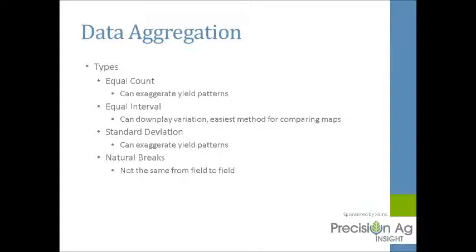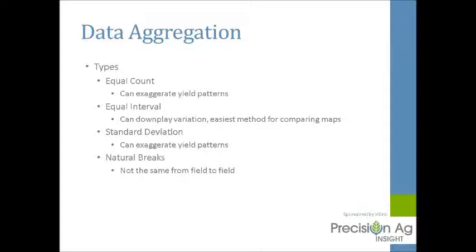And this can happen with equal count or standard deviation. Those two methods tend to exaggerate yield patterns. The equal interval can actually downplay variation a little bit. However, that is the easiest method for comparing maps. If you want to go from year to year or from field to field and compare maps, that probably is the best method for that.